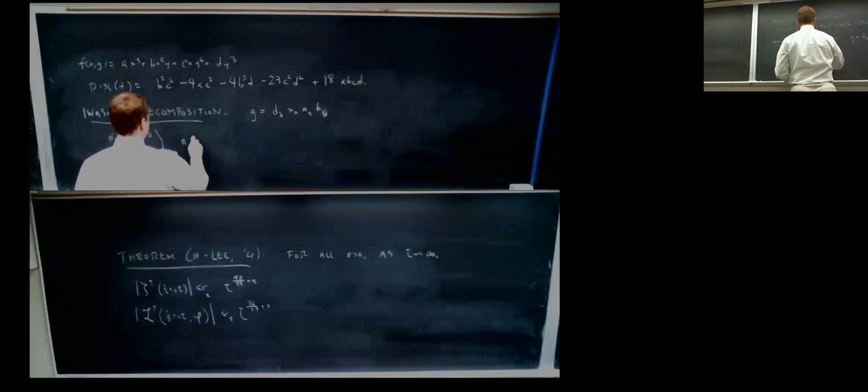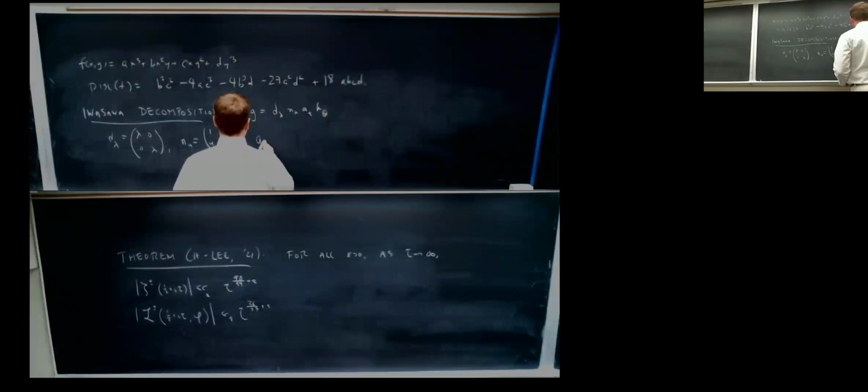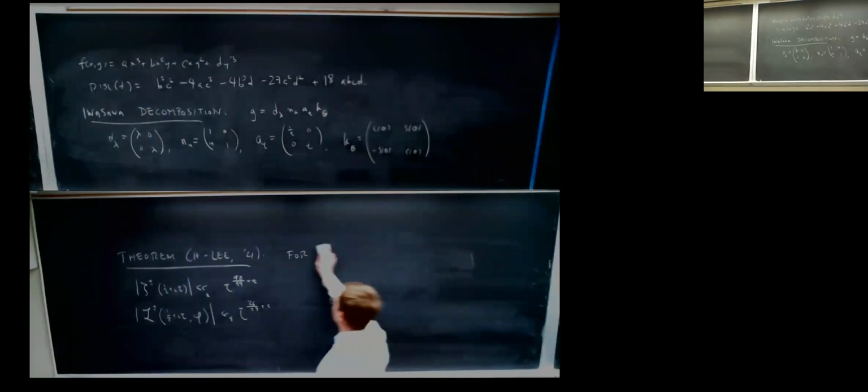Then u is the unipotent subgroup, a(t) is the diagonal part, and then there is a rotation. Then there is a partition of unity.